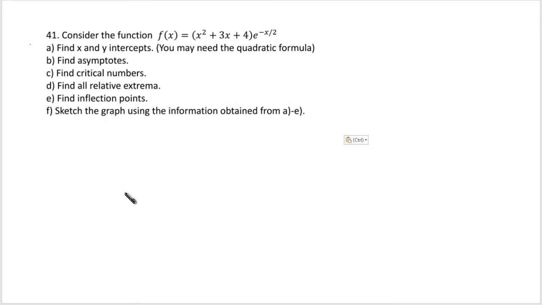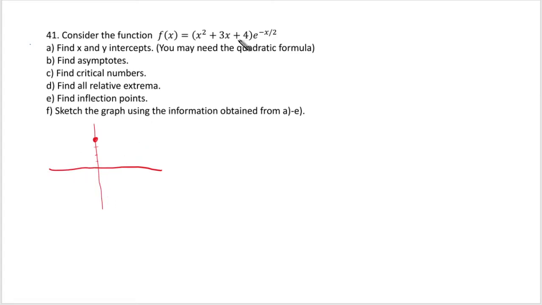Now let's put everything together to draw the graph. So we had the y-intercept as positive 4. There weren't any x-intercepts.